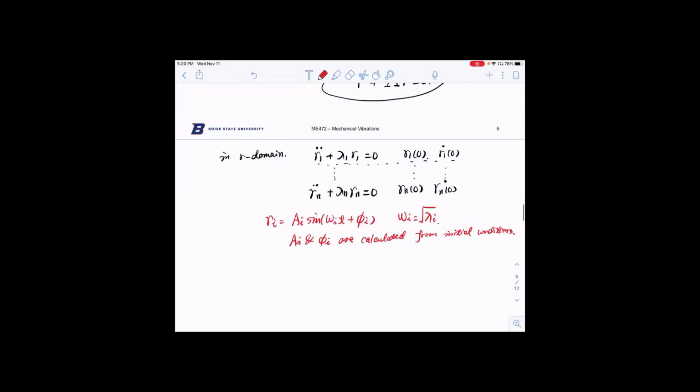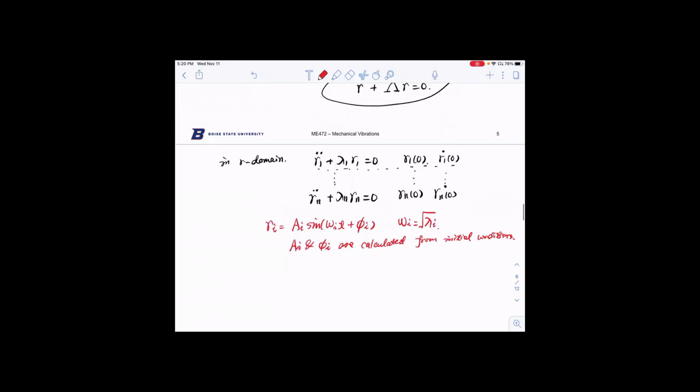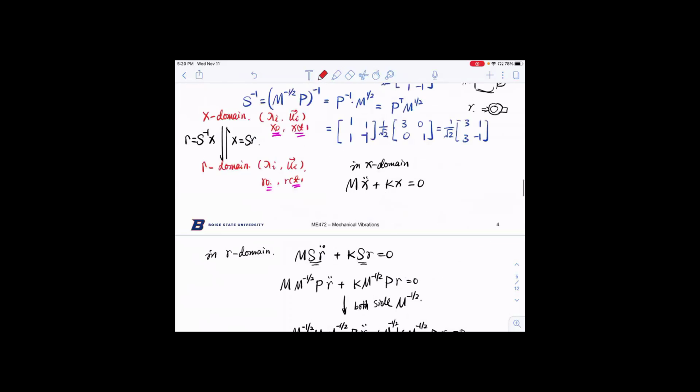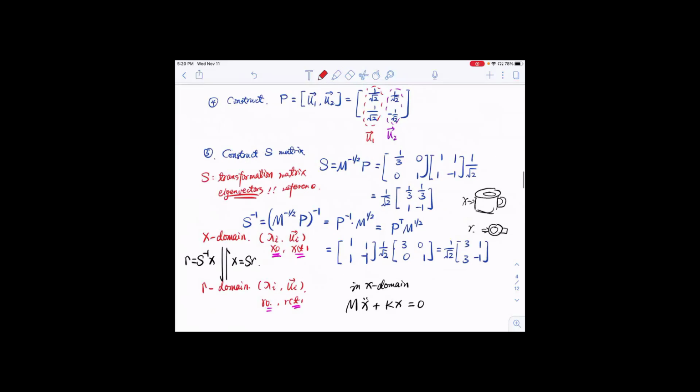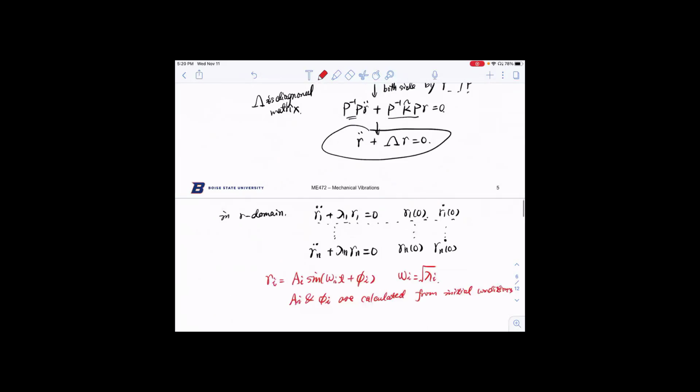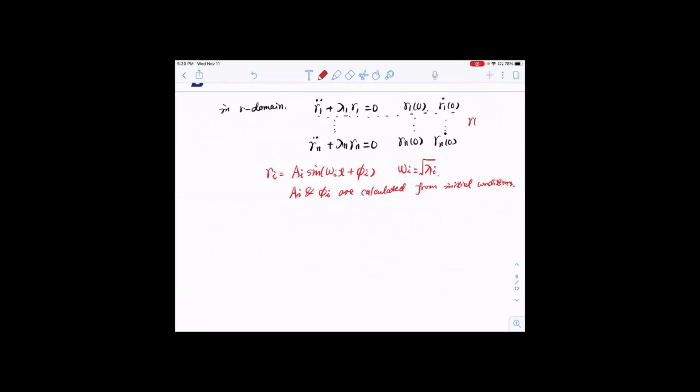As I said, your initial conditions right now is in R domain, but then the problem description only gives you initial positions and velocities in X domain. So you actually need to use this transformation method in order to get your R naught. You need to use S invert X naught. In order to get the initial velocity, you have to do the same transformation.